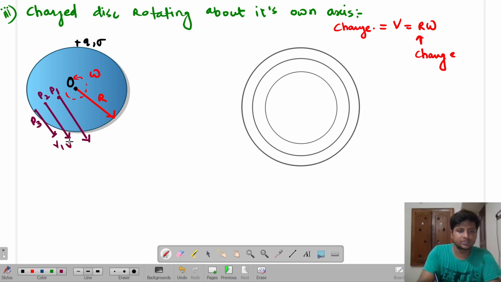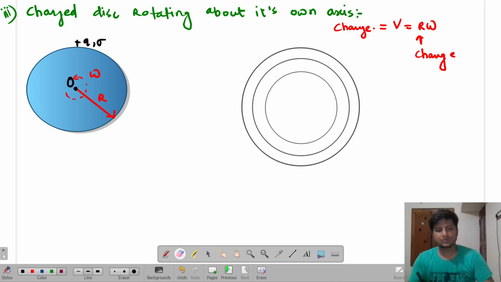They have different velocities, where V1 is more than V2 and V2 is more than V3. So does the charge over here have the same velocity? Does the charge on the whole surface of the disk have the same velocity? The answer is no. The charge has different velocities.